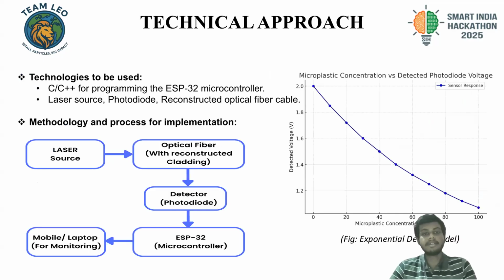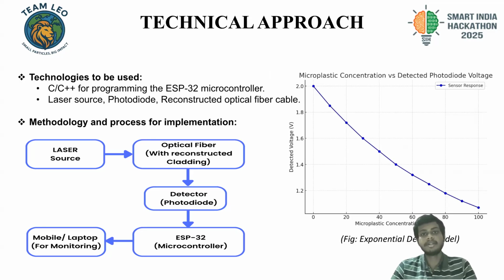Next, we come to the technical approach, and here we use a laser source for propagating the light energy inside the optical fiber, a photodiode for its detection, and of course a reconstructed optical fiber cable, which is nothing but the optical fiber with the cladding material changed in a part of it.